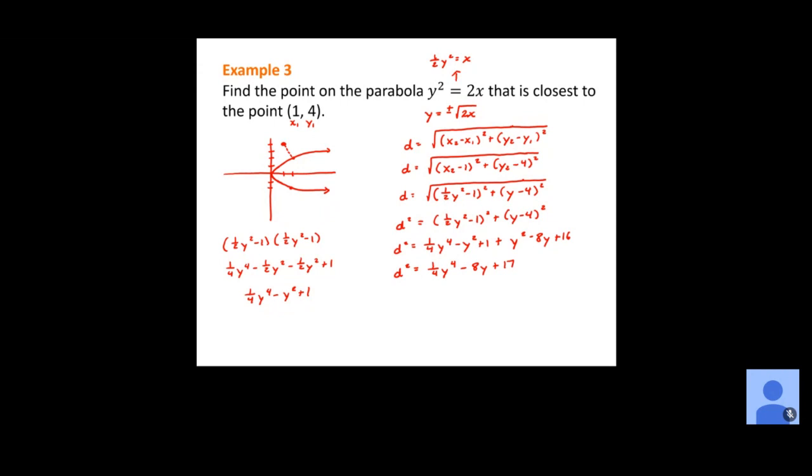All right, now that we've simplified it, now we need to do what? Now we can take the derivative. Good. So I'm taking the derivative of d squared. So what's that going to give us?